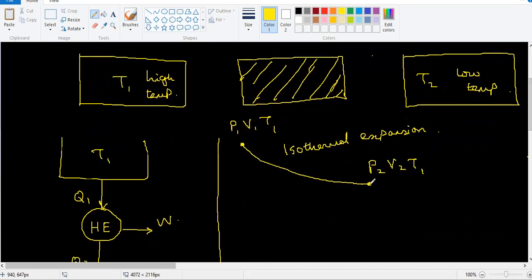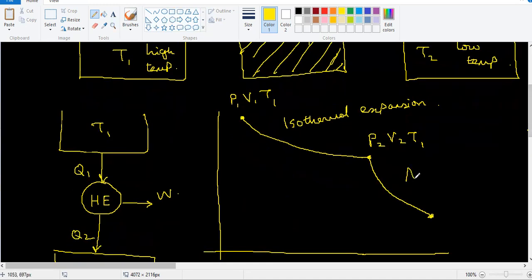So the adiabatic expansion will look something like this. This I'm going to call P3, V3, and then T2. Why not T3?